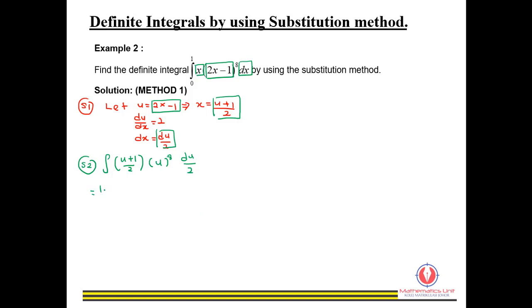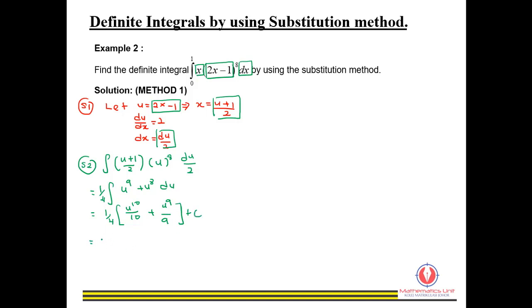We're going to simplify it first before we integrate without the limit. So 1 over 4 times the integral of u to the power of 9 plus u to the power of 8 du. Next, we are going to integrate it. So we'll get 1 over 4 times u to the power of 10 over 10 plus u to the power of 9 over 9 plus c.